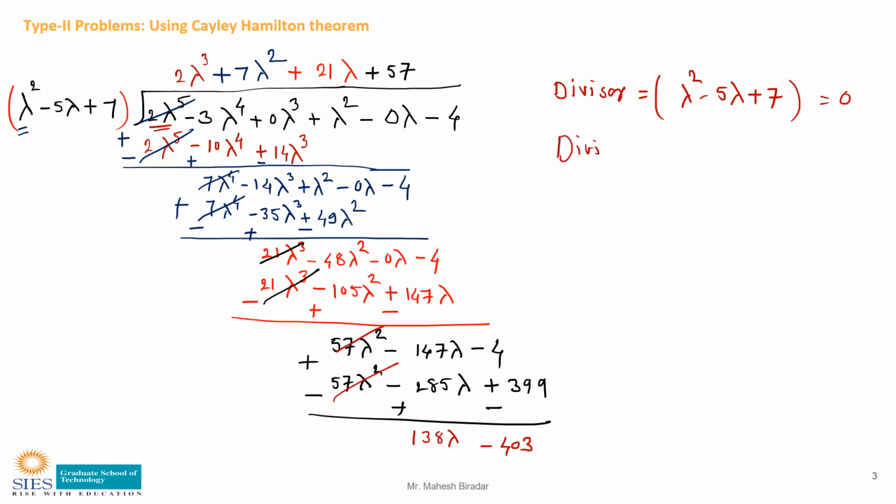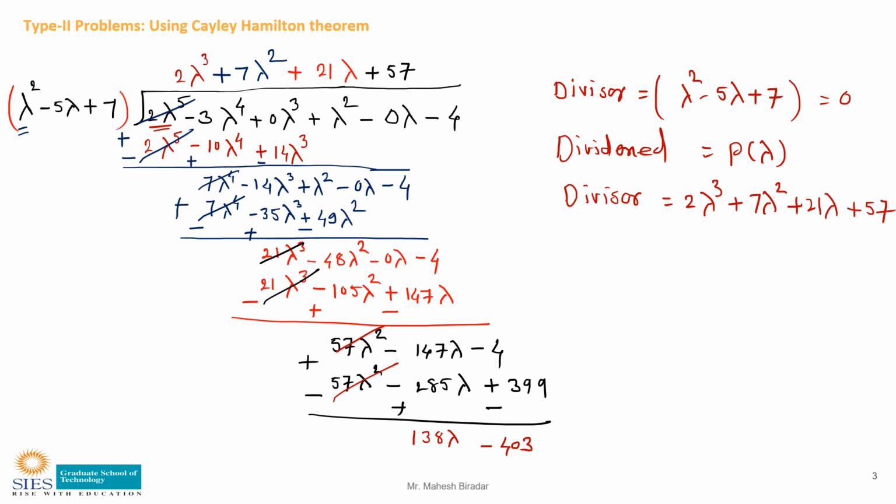Your dividend is p of lambda, your divisor is 2 lambda cube plus 7 lambda square plus 21 lambda plus 57, and your remainder is 138 lambda minus 403. So we are interested in this remainder part, and it represents the final answer.